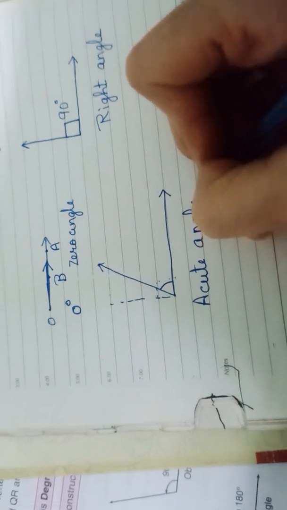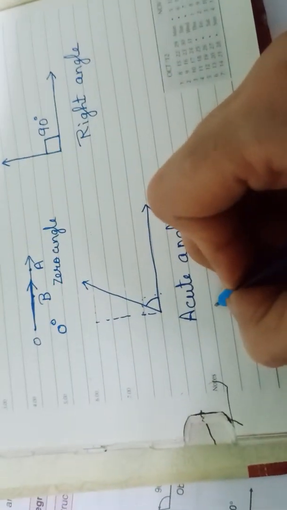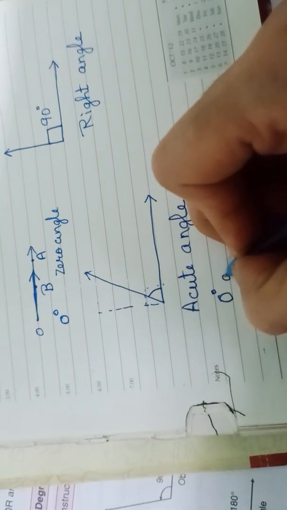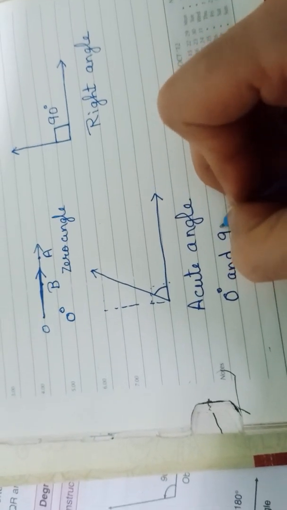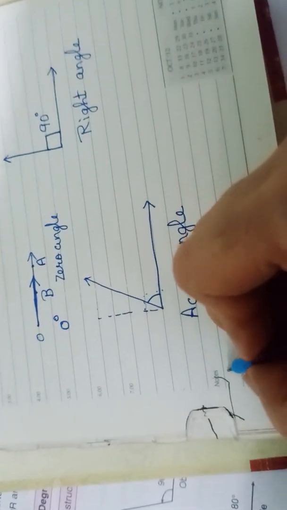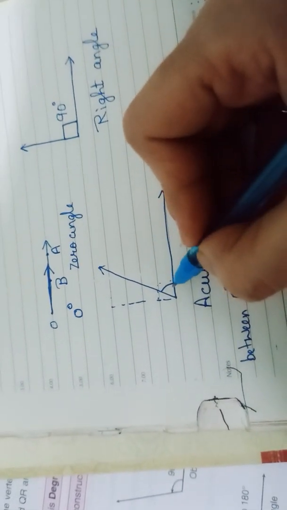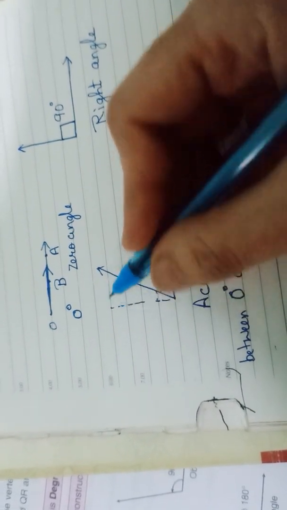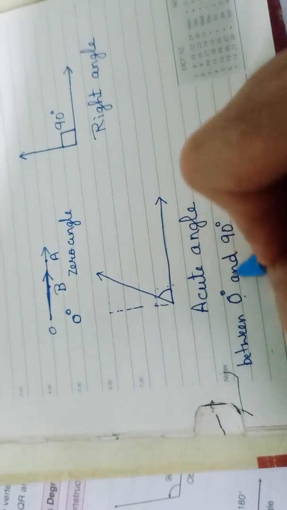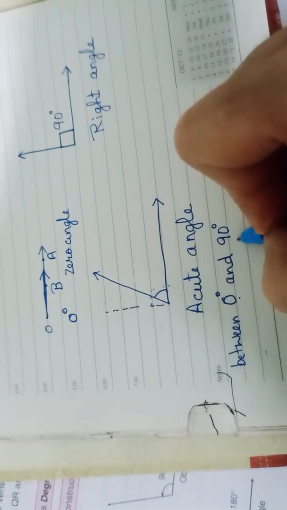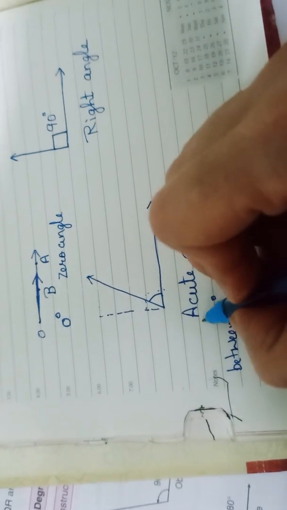When angle is between 0 degree and 90 degree, means it will be greater than 0 and less than 90, then it is acute angle.